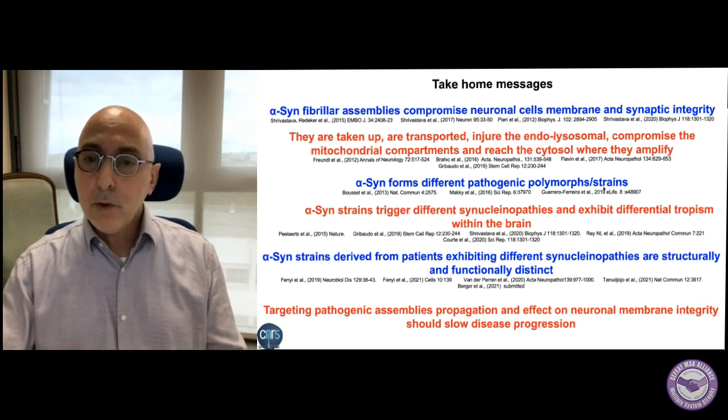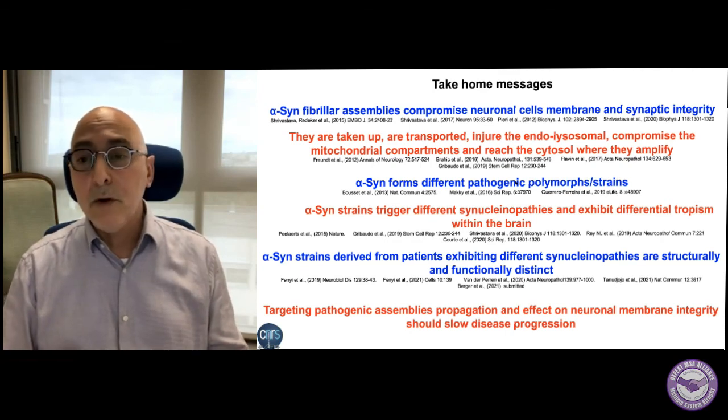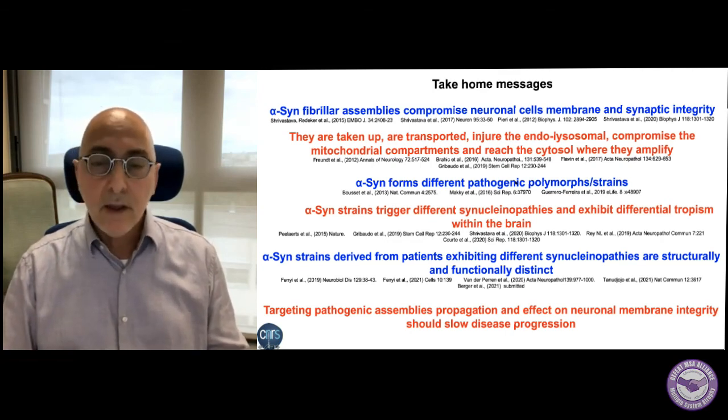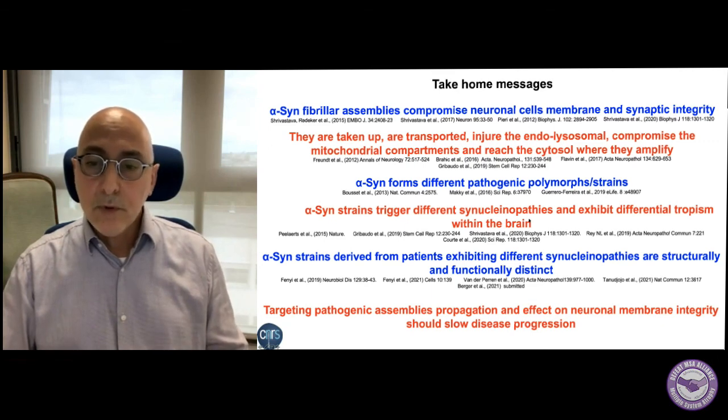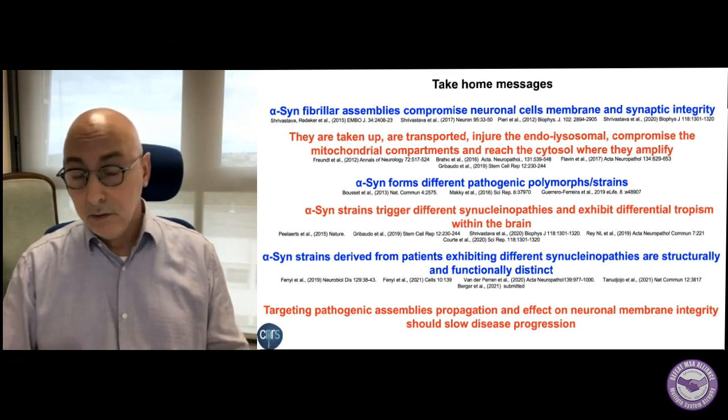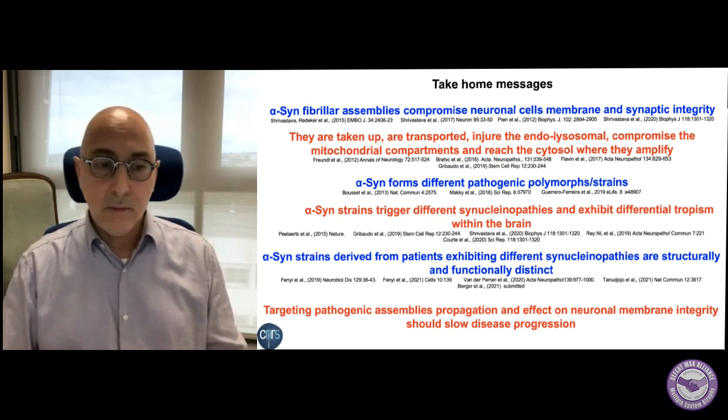The different forms of pathogenic alpha-synuclein can be compared to strains because they cause different diseases when injected into the brain. They exhibit differential tropism, and again, they trigger different pathology in model animals.